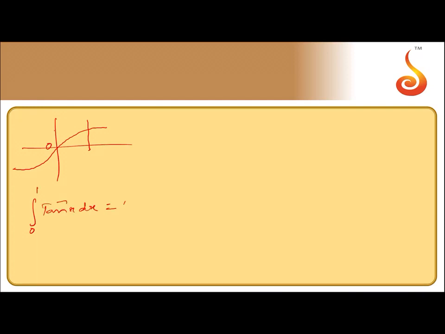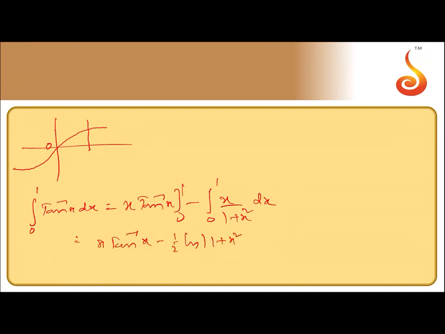Same as the previous formula. x tan inverse of x with limits from 0 to 1, minus the integral from 0 to 1 of x divided by 1 plus x square, the derivative of tan inverse x. And that is equal to x tan inverse x minus half log of 1 plus x square, the denominator's f dash by f modulus. So limits from 0 to 1. The lower limit value is 0, so everything is 0.